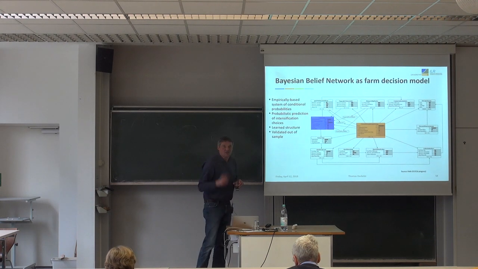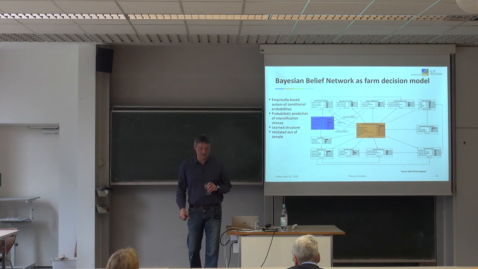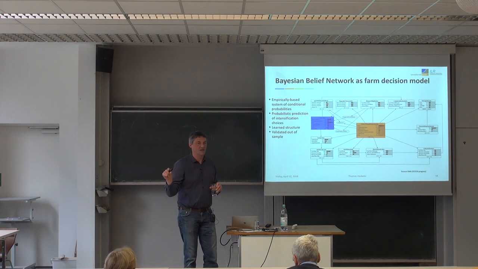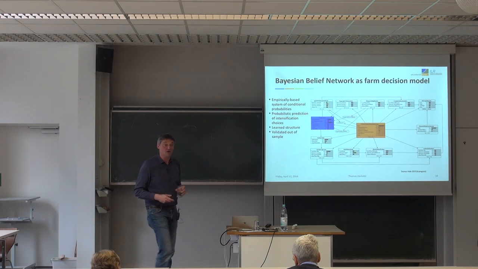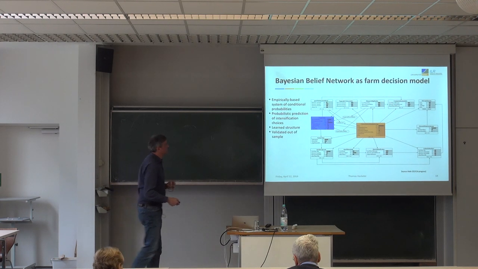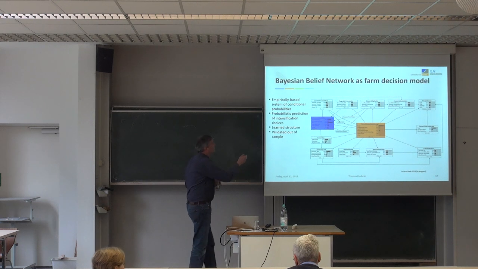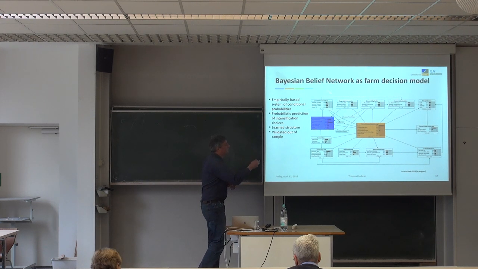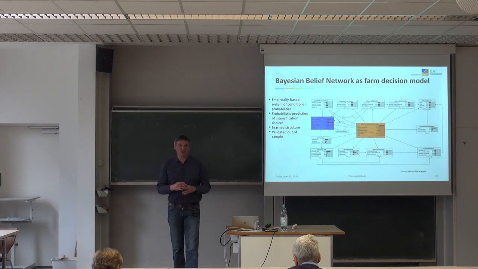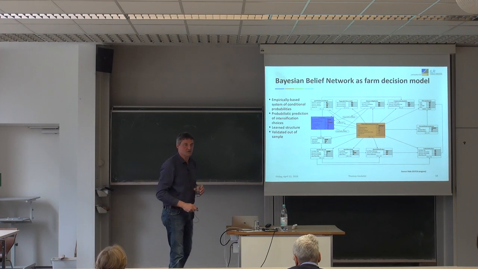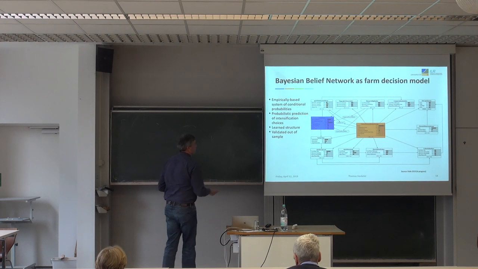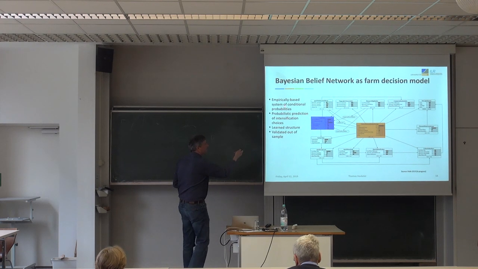The pure decision model that determines what intensification choices are chosen, or if at all, at the farm level, is in this case sort of a new approach. It's a Bayesian belief network. So it's a complex network that allows us to incorporate all kinds of determinants of the choices made at farm level. It's empirically based, survey based.